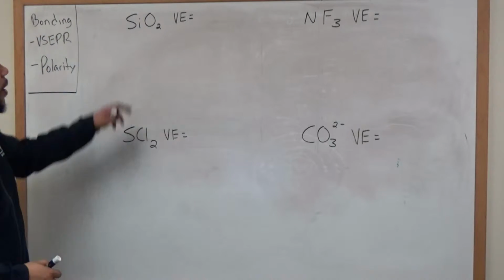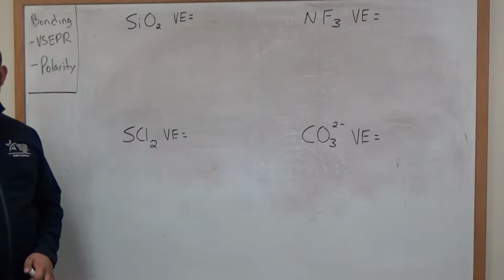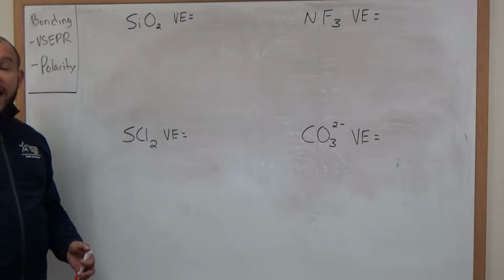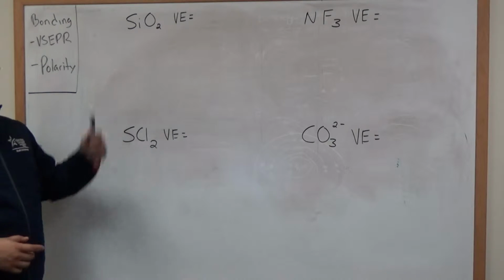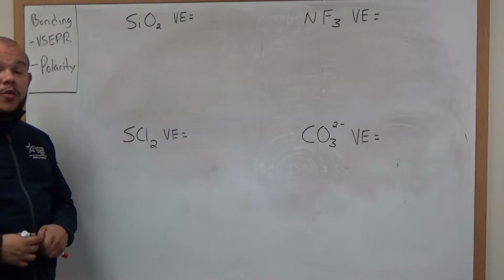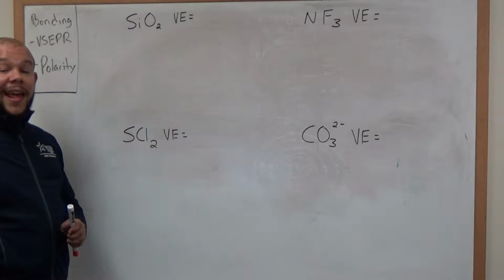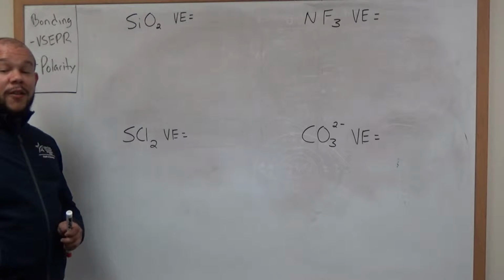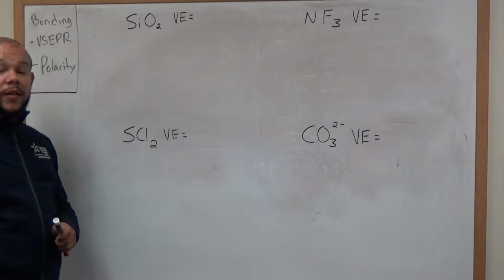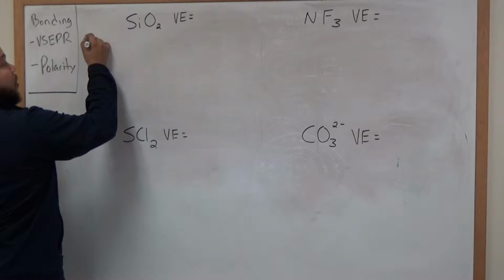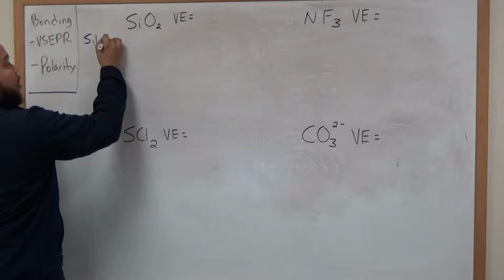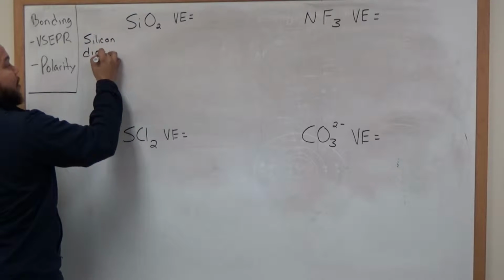So let's start here. And just to use this as a good nomenclature practice, two nonmetals, this is where we use the name of the first element and then the prefix for the amount of atoms in the second element, and this will be silicon dioxide.